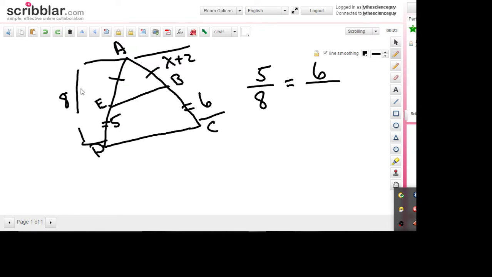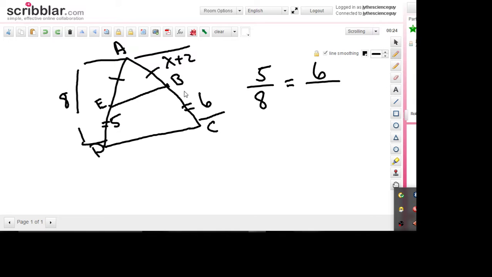How would I figure out the whole side for this side? Well, wouldn't x be like... I don't want you to look at x. I want you to look at the whole side. So how much is from A to B? X plus 2.